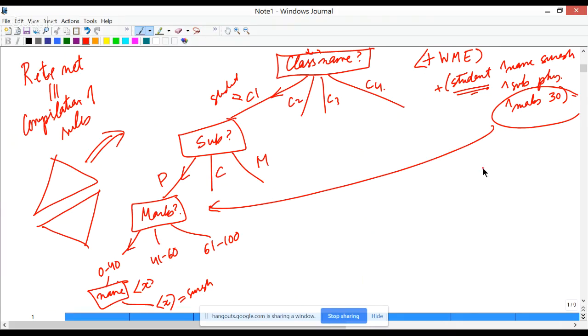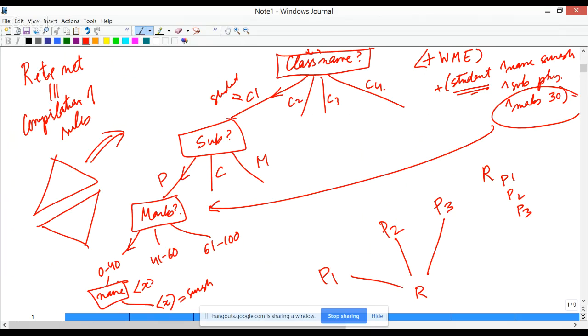So now if a rule has three patterns P1, P2 and P3, then eventually this rule will need one token which is of type P1, one token which is of type P2 and one token which is of type P3.